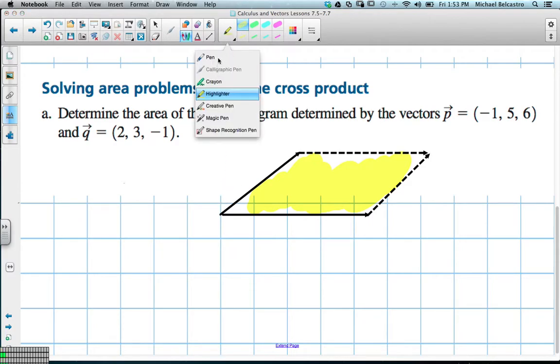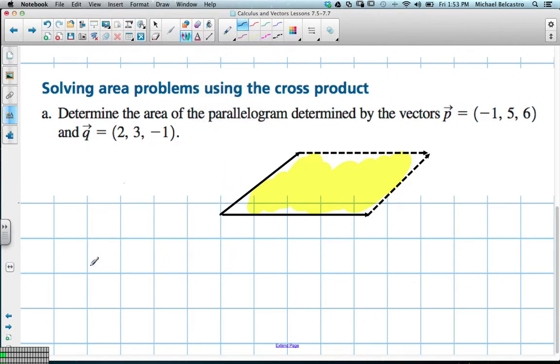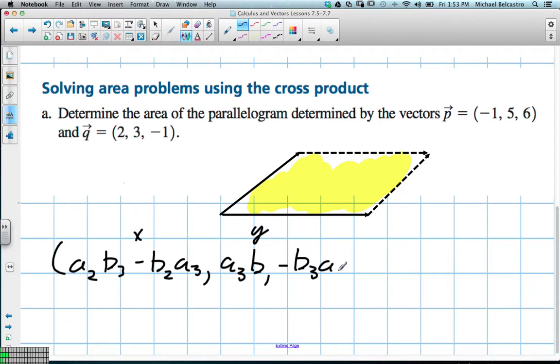Okay, so like we said, the very first thing to do is to find the cross product of the two. Our formula being A2 B3 minus B2 A3 for x. For y, we have A3 B1 minus B3 A1.